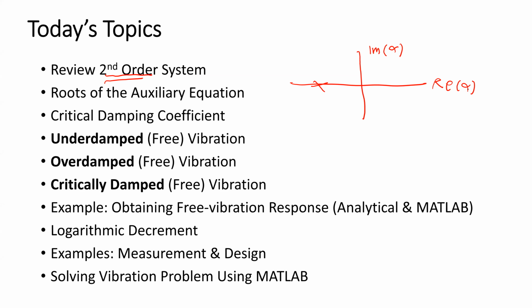If the root is on the real axis, the response has no vibration. And if it's on the left side of the imaginary axis, the response converges. If it's on the right hand side, sometimes it diverges. And if the root has an imaginary part as a complex conjugate, we can see the vibration.